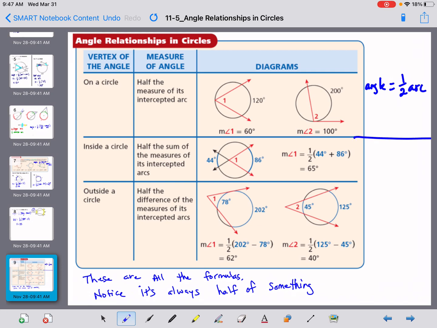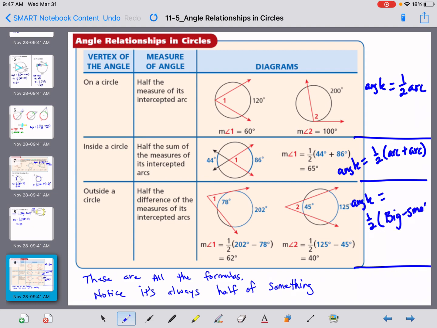If you're inside, it's angle equals half, I'm running out of room here, angle equals half of arc plus arc. And if you're on the outside, all right, angle equals half of big subtract small arcs. Okay? Now we need some practice.